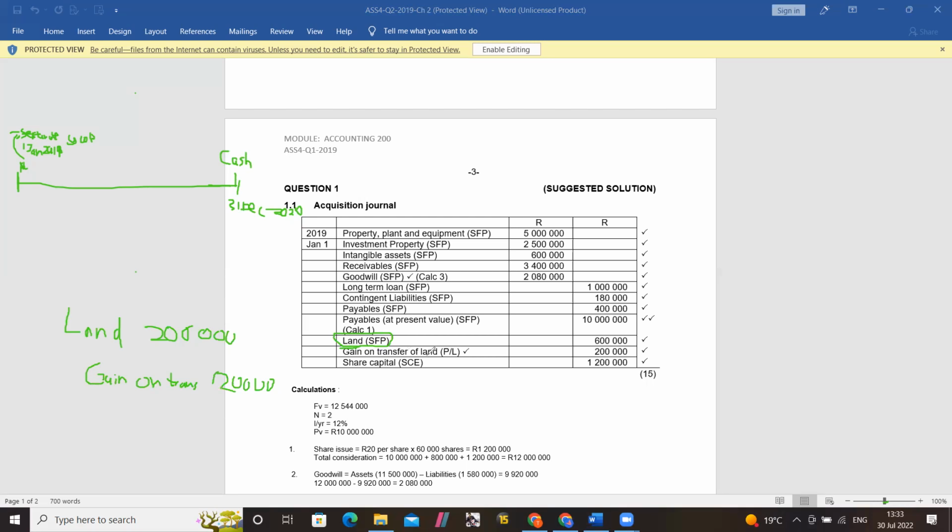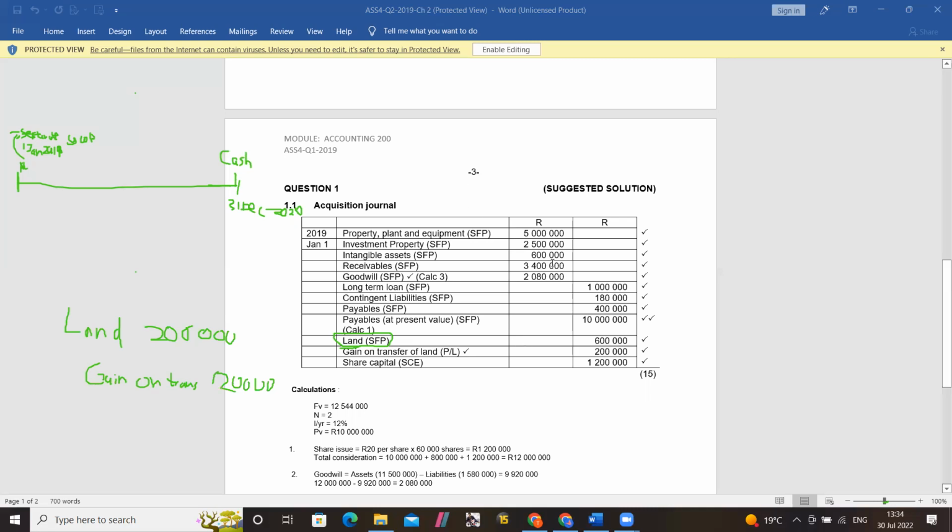Here, this journal entry does not really tell me the story that I want to hear. With this gain on transfer of land, it doesn't make sense that I'm using it in the acquisition journal entry. It makes more sense to say land 800,000. However, the amount that they get is still the same. Why? Because they put this 200,000 here, whereas I would have put the 800,000 here, but this amount wouldn't have been there. Numerically, it would give us the same goodwill.